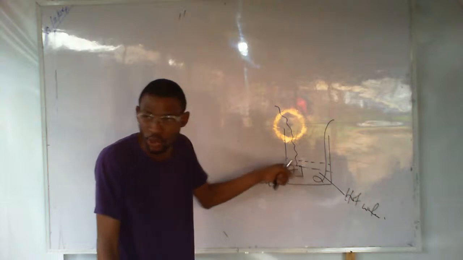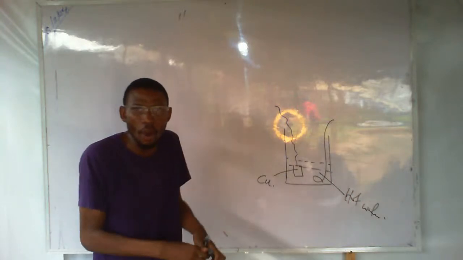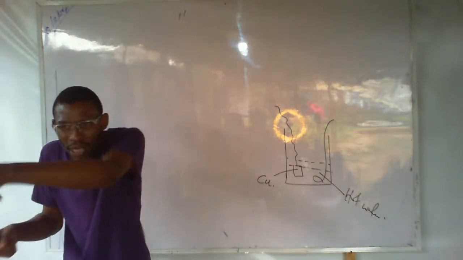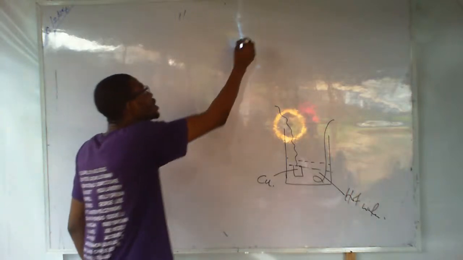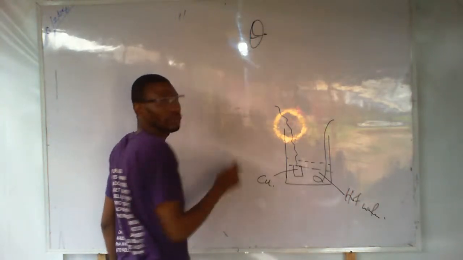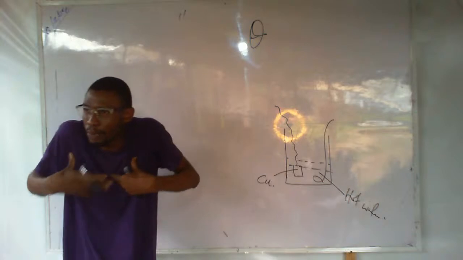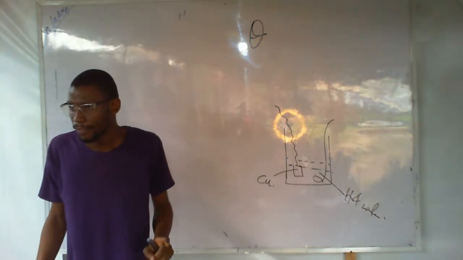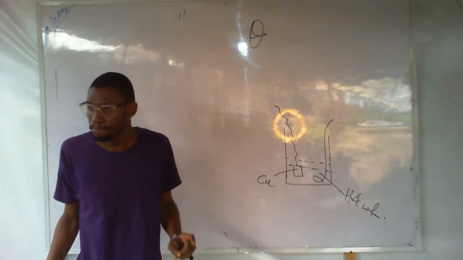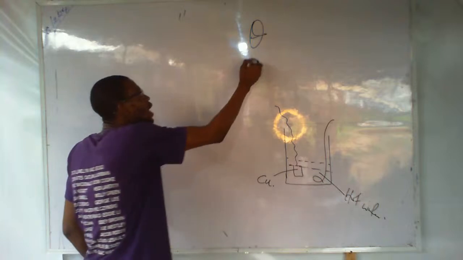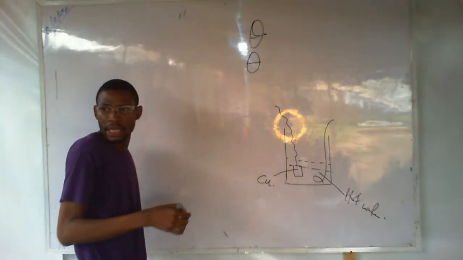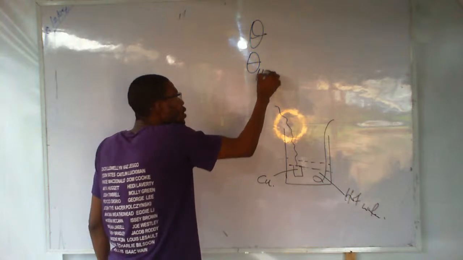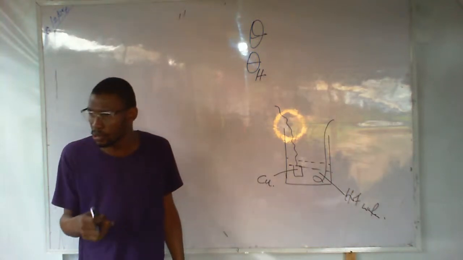You know the copper is cold. Let's say this temperature theta is the normal constant temperature of the copper, and temperature theta is the temperature of the hot water. That's the water that is hot.